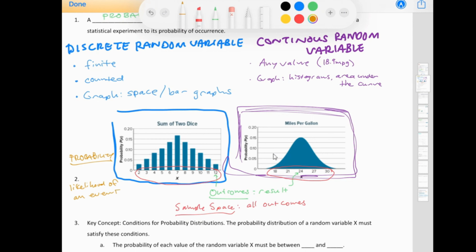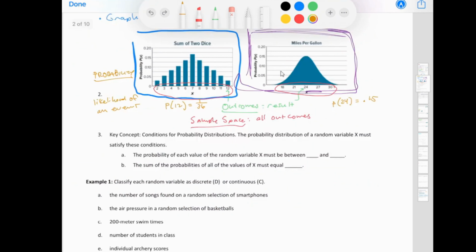So for example, the probability of rolling a 12 is 1 out of 36. Maybe the probability of the time I'm driving my car and I want to get 24 miles per gallon, maybe it's pretty low. Maybe I'm getting like 15.